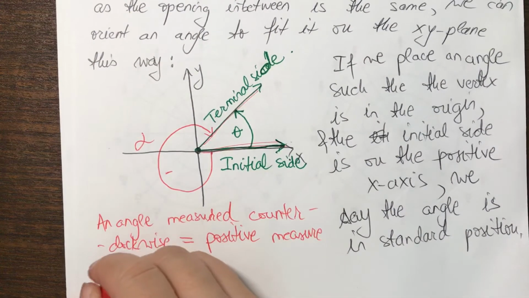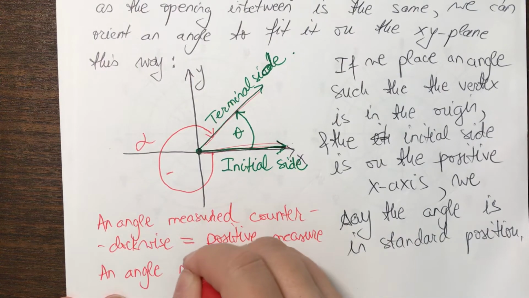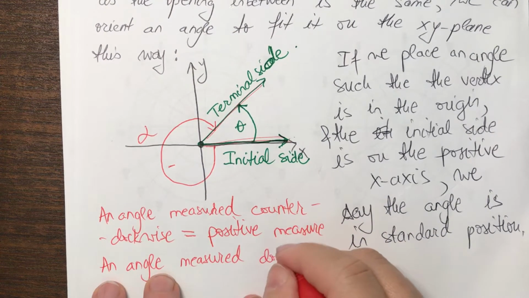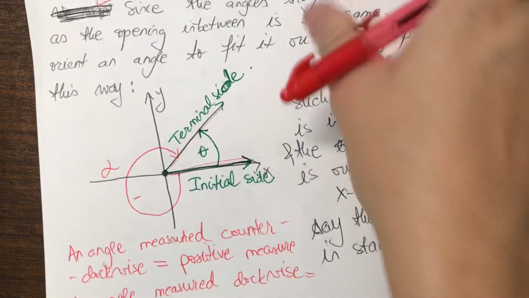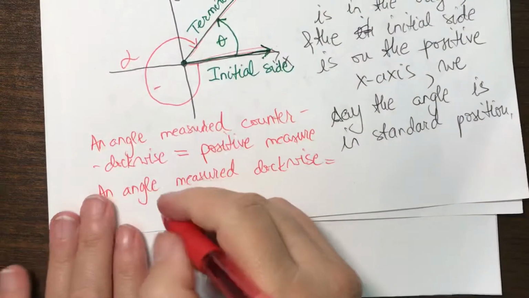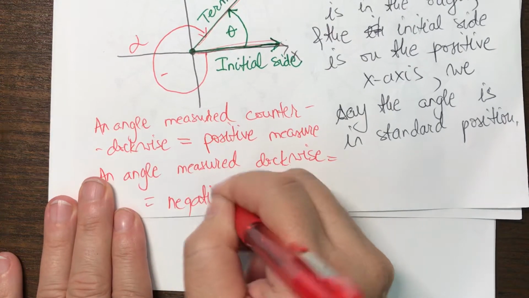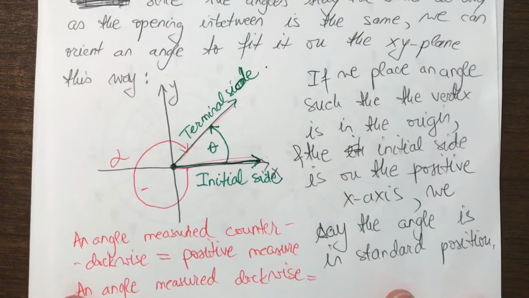And an angle measured clockwise is a negative angle. All right. So there you have it.